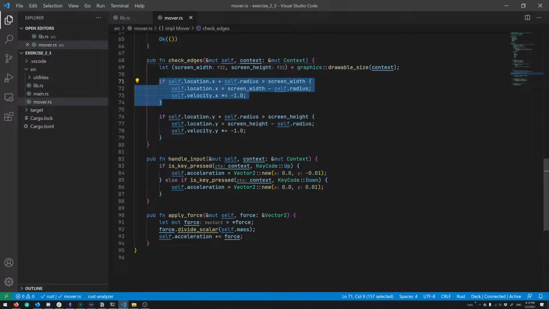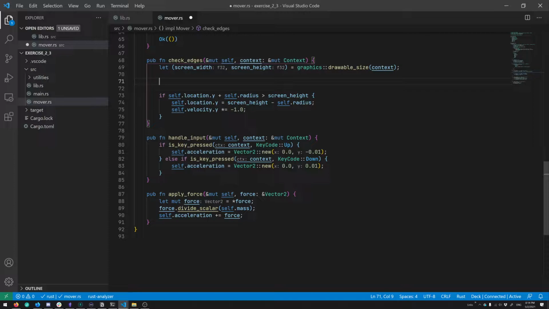We're going to go into the mover class, and where we have the bouncing off, we're just going to replace this. So we need some kind of force. What I'm thinking is we want to get an exact force of where it is on the x-axis, pushing to the left.